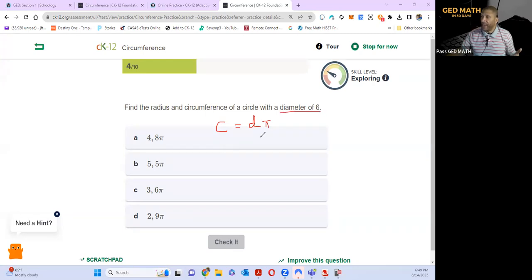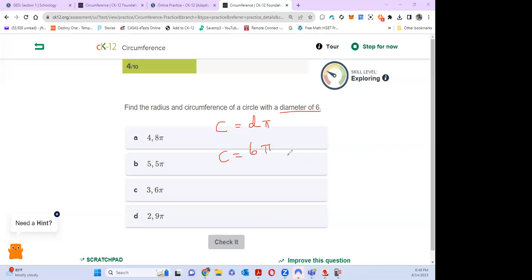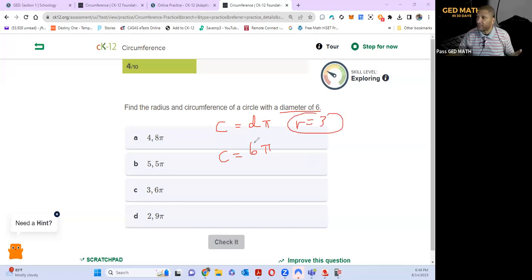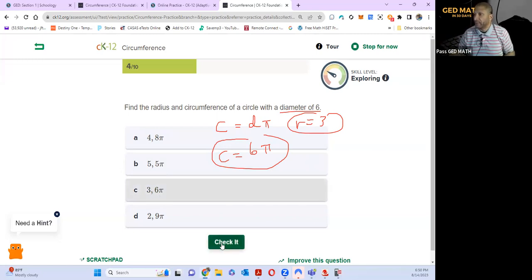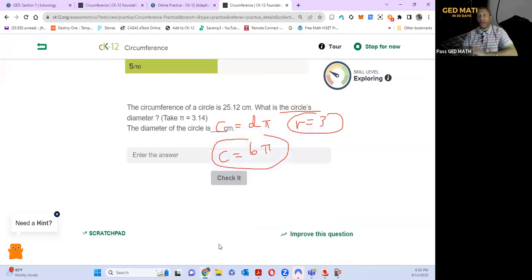The diameter is 6, so C equals 6 pi. Diameter 6, my radius is half of 6. But they're asking you in different ways. This is why you practice as much as you can. Check it. Go to the next problem.